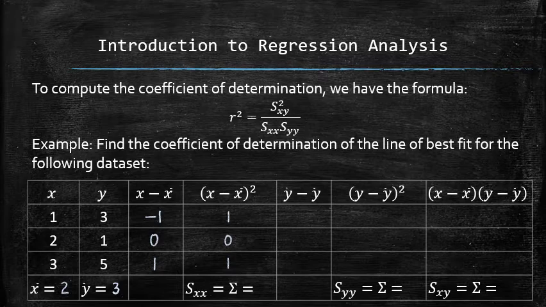We subtract Y bar from each value of Y to fill out the fifth column, and then square each entry to get the sixth column. We multiply each entry from the third column by the corresponding entry from the fifth column to get the seventh column.